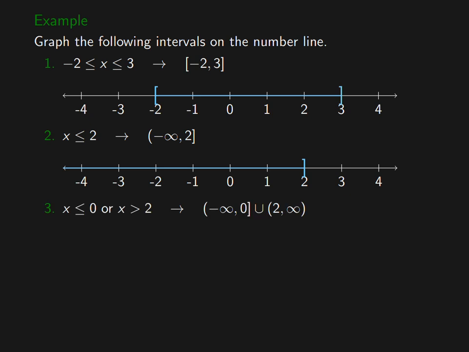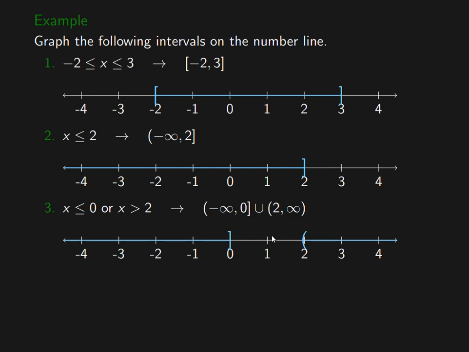What about x less than or equal to 0, or x is greater than 2? This is the union of two sets, where the first one is the set from minus infinity to 0, and since 0 is a solution to this inequality, we use the right bracket. The second set is from 2 to infinity, but 2 is not a solution, so we use a left parenthesis.